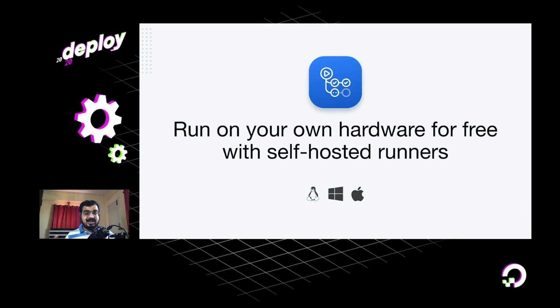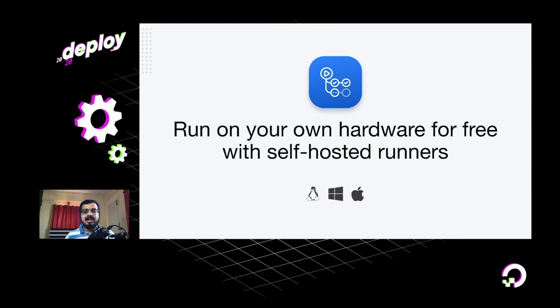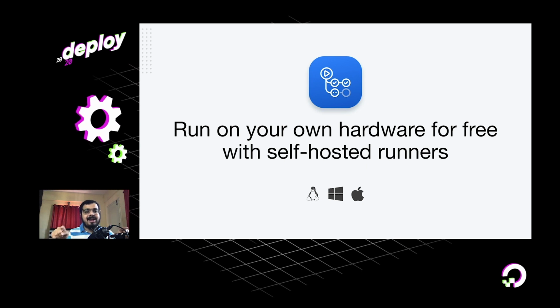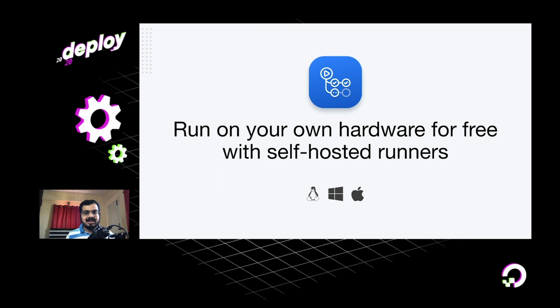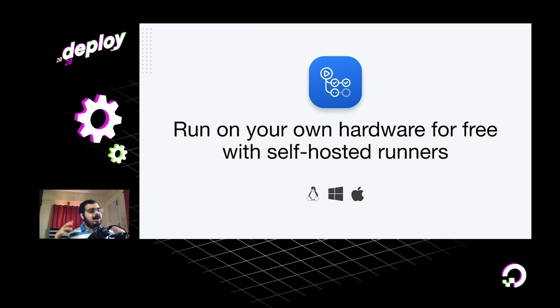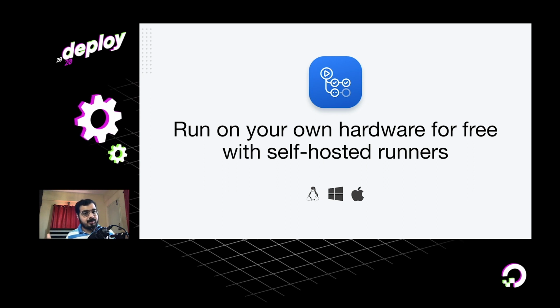And the last thing, and this is where you can use your DigitalOcean account as well, is you can run your GitHub Actions on your own hardware for free with self-hosted runners. Self-hosted runners offer more control of hardware, operating system, and software tools than GitHub hosted runners provide.